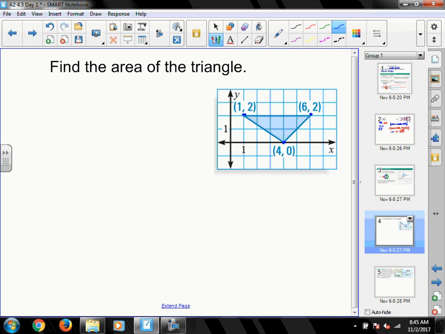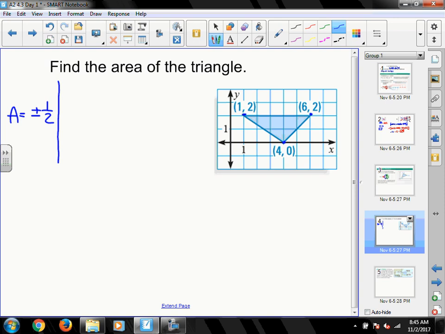So our area is going to be plus or minus 1/2, and I've got to set up my matrix so that I can find that determinant. So I'm just going to start on the left-hand side. It doesn't really matter what order you're going to get your ordered pairs in. The key is to keep your x's and y's together.